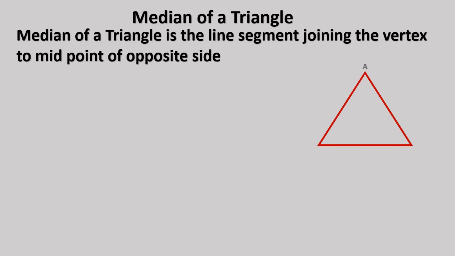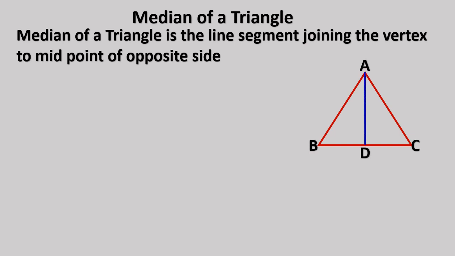So let us see. It's a triangle ABC. So from the vertex A to the midpoint of the opposite side BC. BC is the opposite side of angle A or this vertex A. So from that vertex A, let us draw a line segment to meet the midpoint of BC.